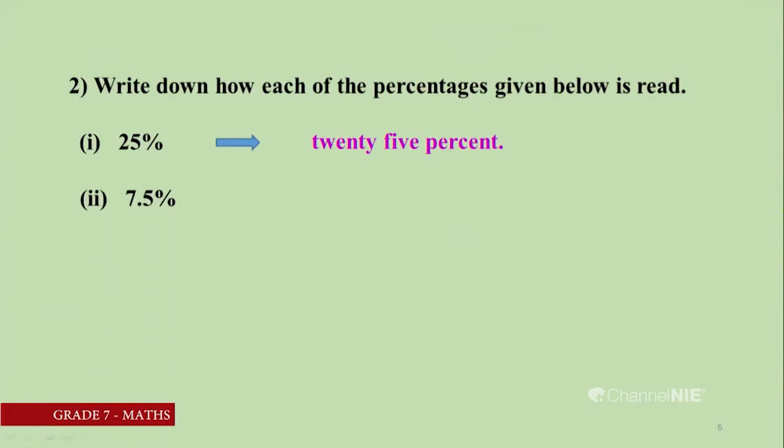Next one, 7.5 is the number, then the percentage sign: 7.5%, 7.5 percent. Next one, 10, then the percentage sign. First you have to read the number, then the symbol: number, symbol. Remember it.